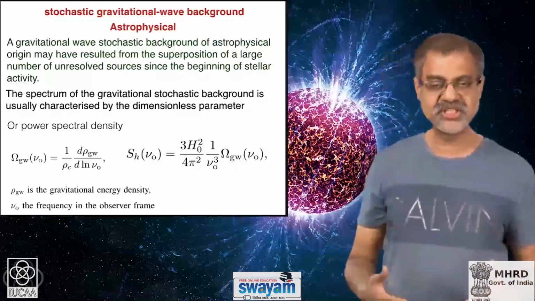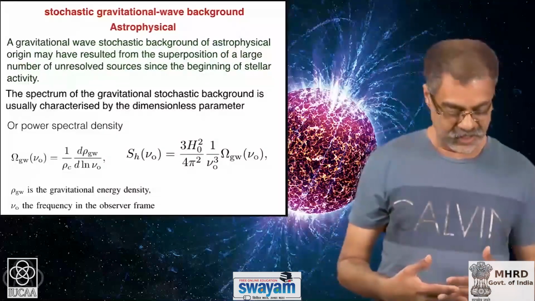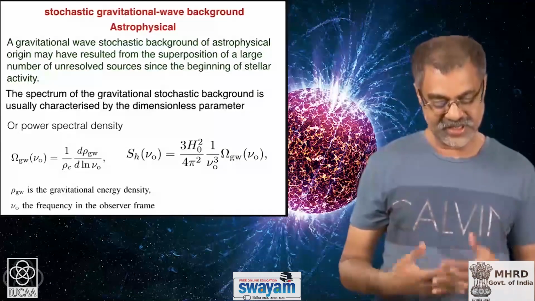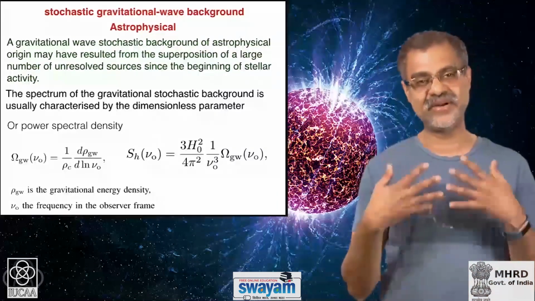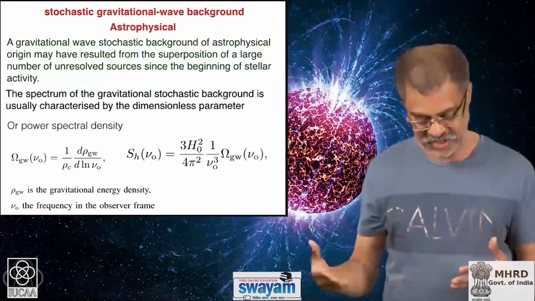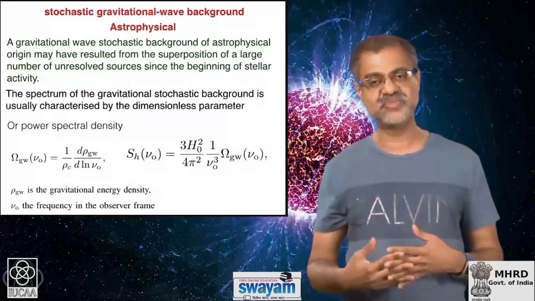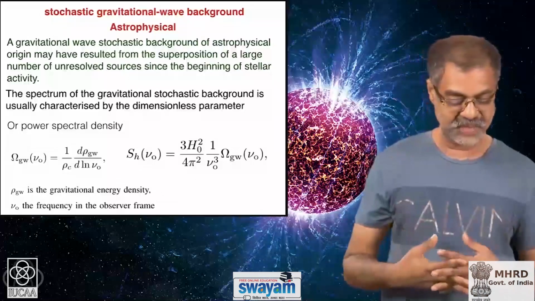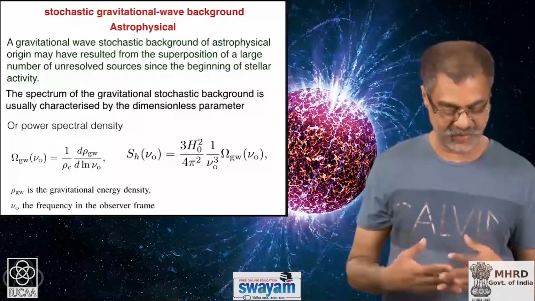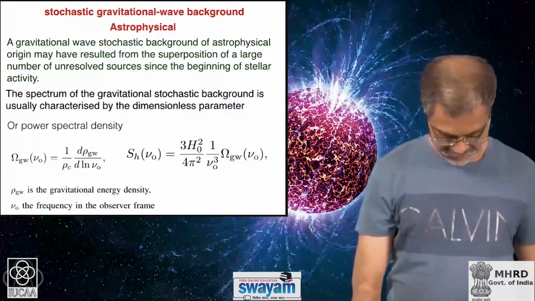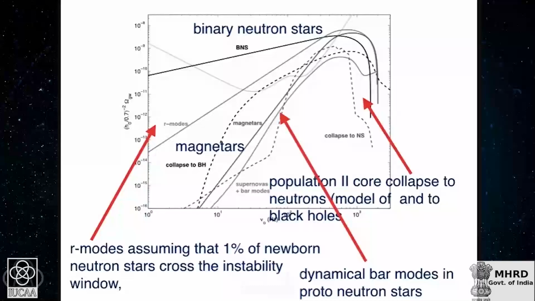All these stochastic gravitational radiations are characterized by their power spectral density, or they are essentially considered a noise above your system noise or detector noise, and this is characterized by a power spectral density which you relate to your physical parameter, which in this case is omega GW, and the frequency which you can essentially track back to the gravitational wave detector.